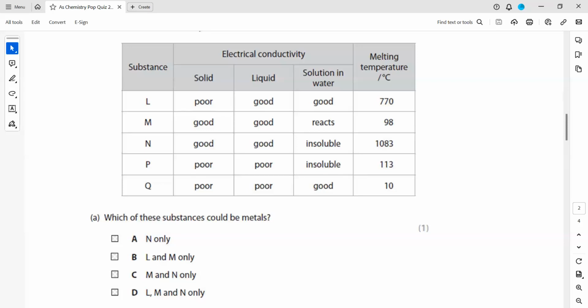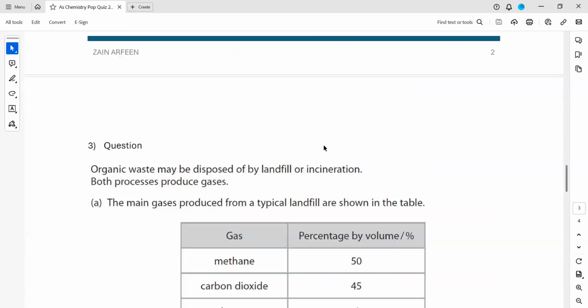So if it was a covalent substance, it should not conduct electricity in solid, but when dissolved, with ions, it should. So it should be poor and poor, and then when it dissolves, it is good. So that's why Q will be the right answer, which is D. So D should be the right one.